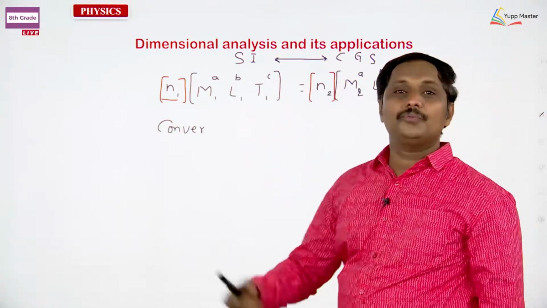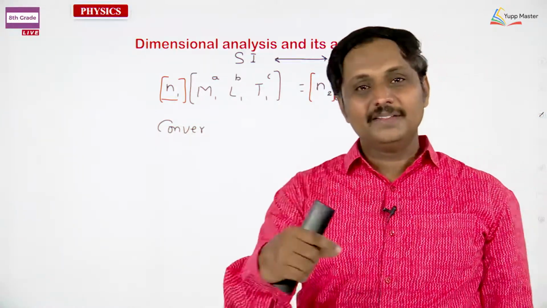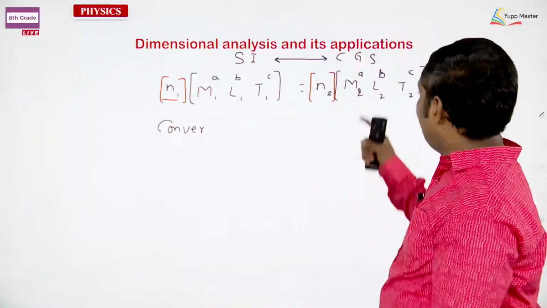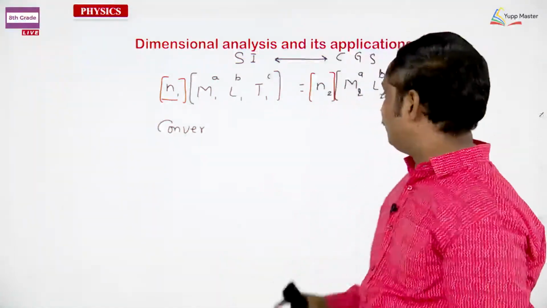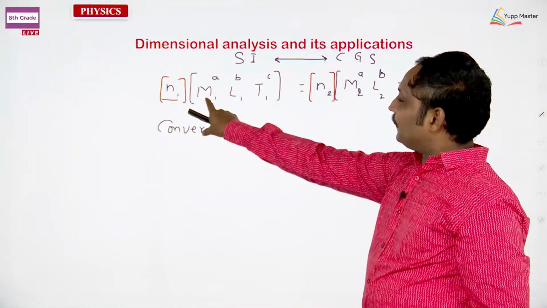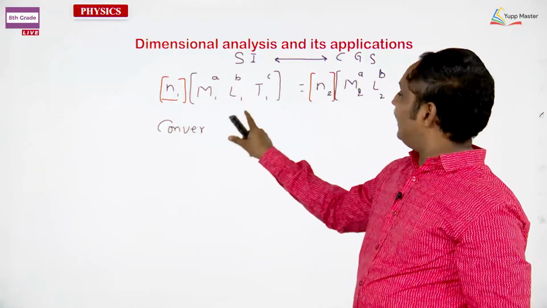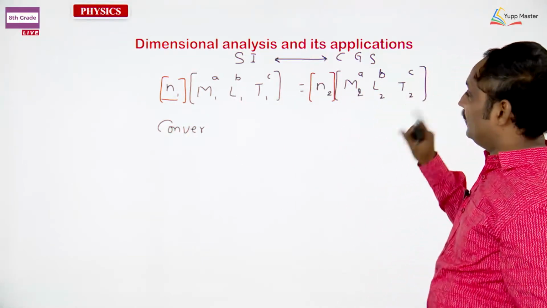N1 is the value of the derived quantity in one system, and N2 is the value of the derived quantity in another system of units. These are all the fundamental quantities, M, L, T, you know very well.